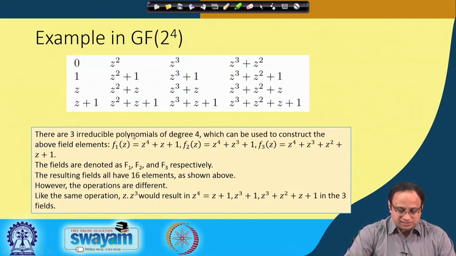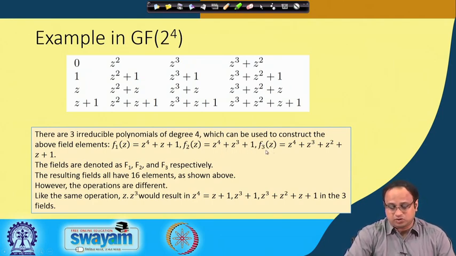As I said, there are 3 irreducible polynomials of degree 4 which can be used to construct these field elements. The first one, as we have seen, is z to the power of 4 plus z plus 1. You also have another candidate f2 of z, which is z to the power of 4 plus z cube plus 1.